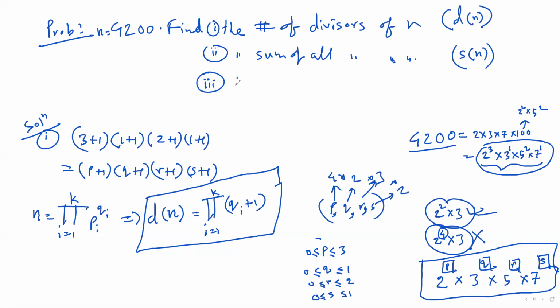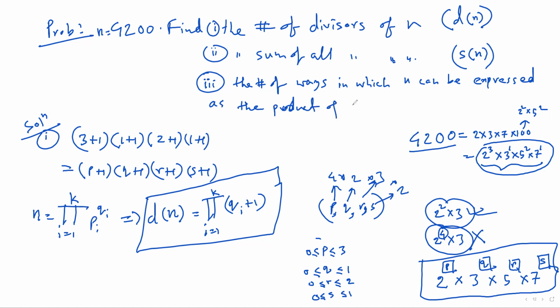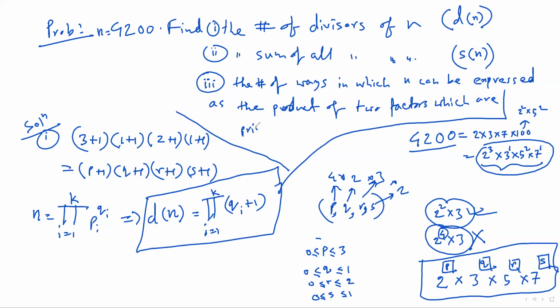The number of ways in which n can be expressed as the product of two factors which are prime to each other. Let me know if the question was not clear to you.